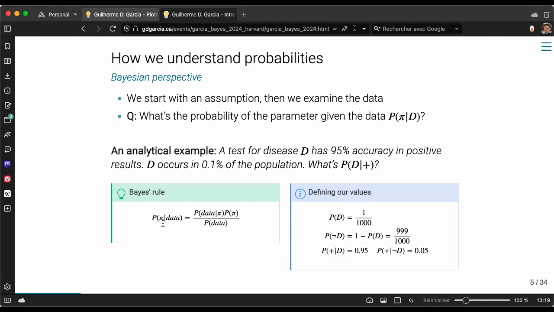So this is Bayes' rule. The probability of a parameter given the data is equal to the probability of the inverse of that, the probability of the data given the parameter, times the prior. This part here is a major component in any Bayesian model, which is what I mentioned before about the search for an airplane. Where have we searched before?